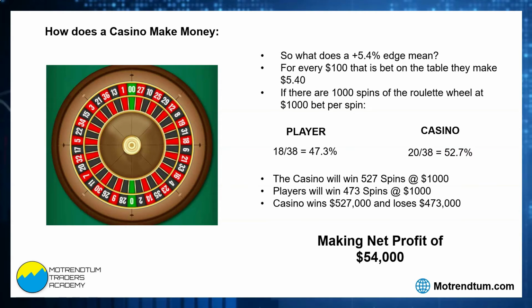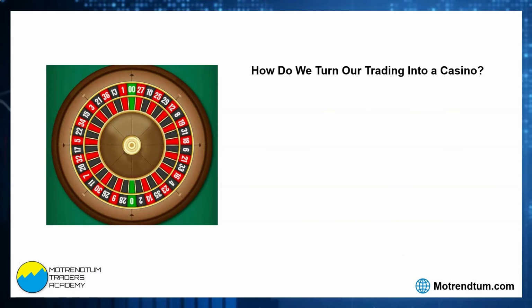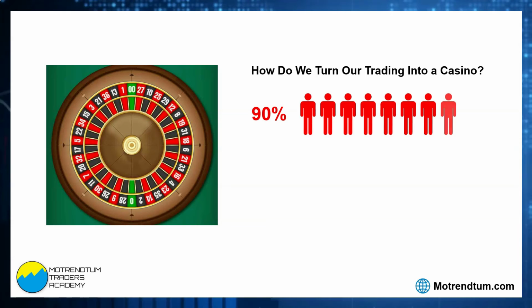So understanding this now and how the casino puts the odds in their favor and how they have an edge over the player, let's talk about how we turn our trading into a casino, because the same approach and statistical edge can be applied in the financial markets. The first thing that I want to talk about, and we mentioned it at the beginning of the video, is that from a statistics point of view, on average, it is stated that 9 out of 10 traders lose money within the first year of their trading.